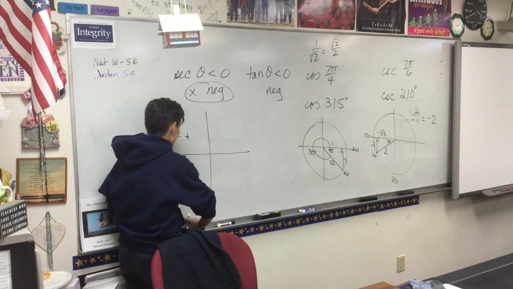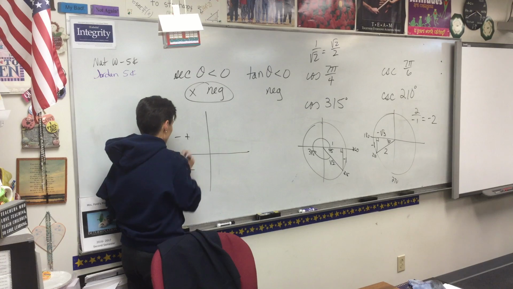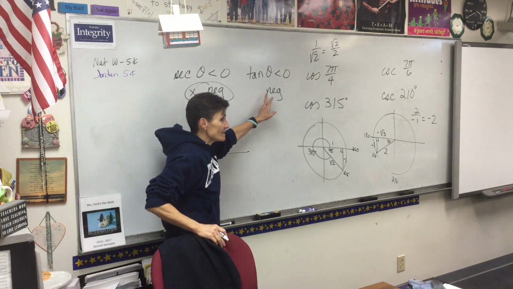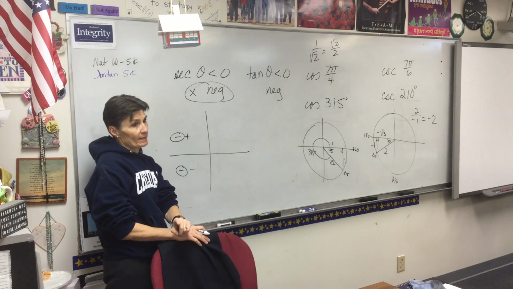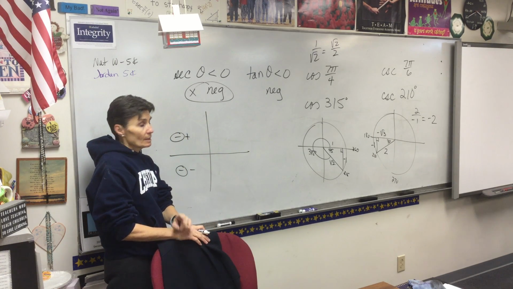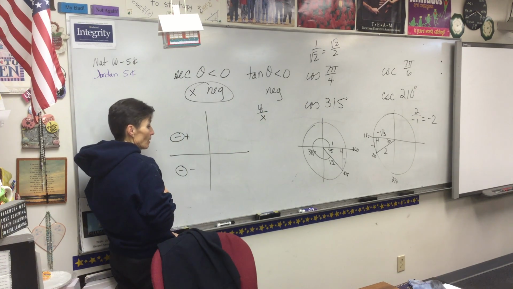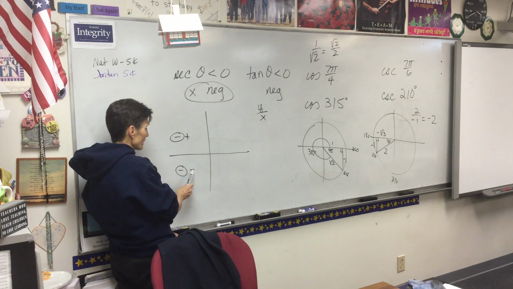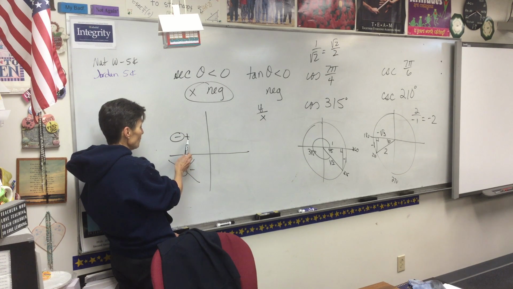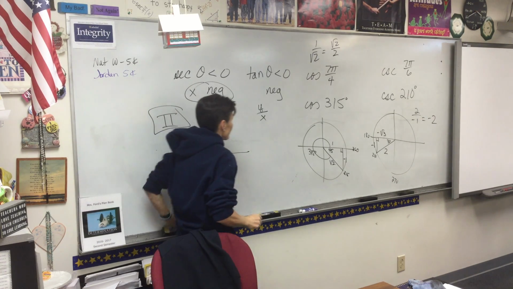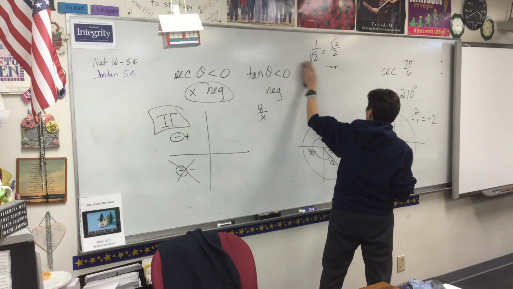Isn't this where x is negative? But now we need the tangent to also be negative. Tangent is y over x. What happens if you put y over x here? It's positive, so that's not going to work. What happens if you put y over x here? So your answer is quadrant 2.